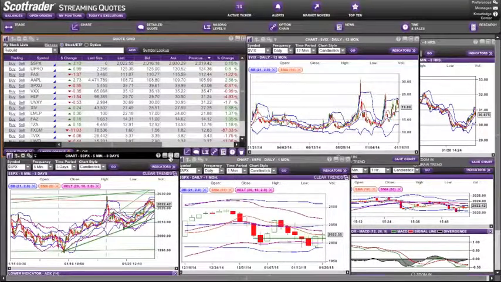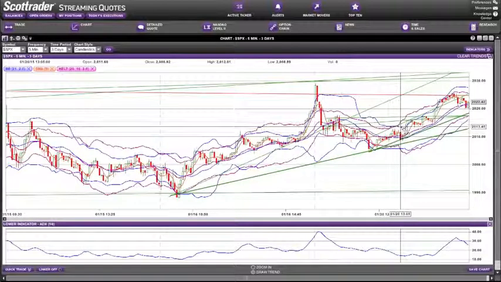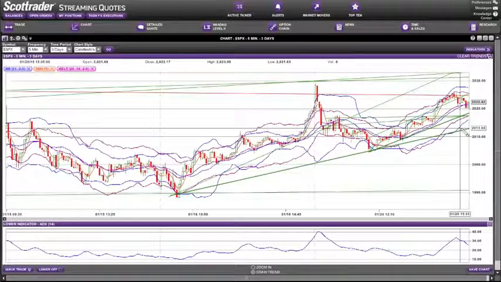On the 5, all right, so that's below the lower Bollinger line coming up to this trend line. So tomorrow very well could test this lower trend line.